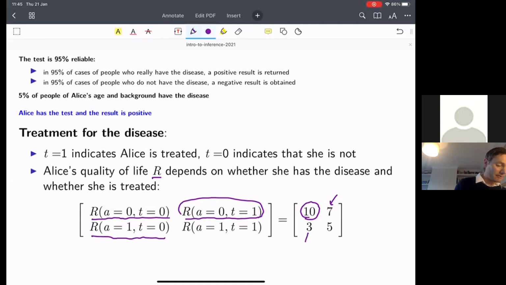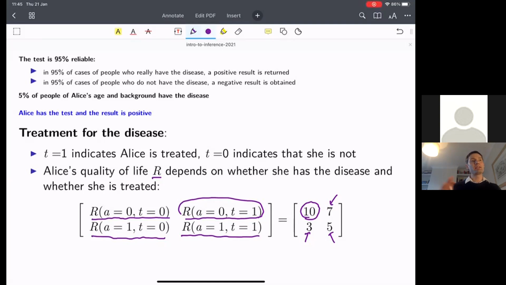And you have 3 quality of life points for the duration that you're infected, say, which is a substantial reduction on your 10 that you'd normally get. And if you have the disease and you have the treatment, it's not perfect, but it does improve things. Okay, so you have 5 quality of life points in those cases. So it's roughly half the quality of life you would have had if you didn't take the steroid and you didn't have the disease in the first place.